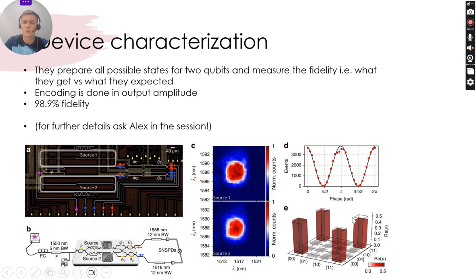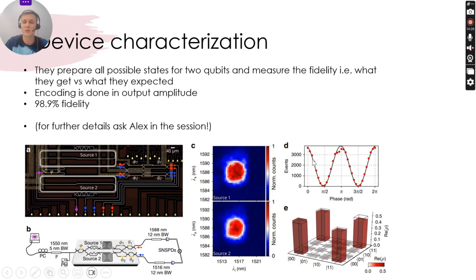Okay, and so this graph here basically just says if they try and create a 1, 1 state, they will almost always, 98.9% sure, get that state. I'm sure Alex can explain this much better than I can, but that's as good as I can do, unfortunately.